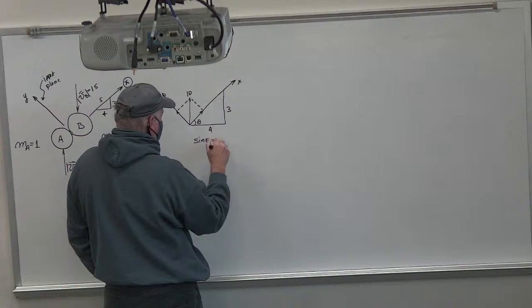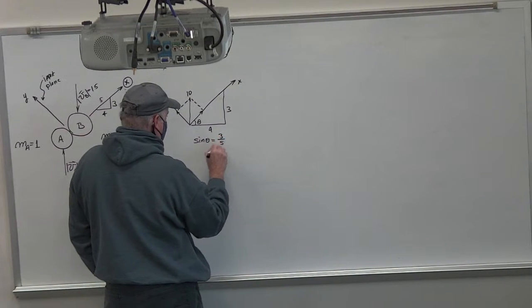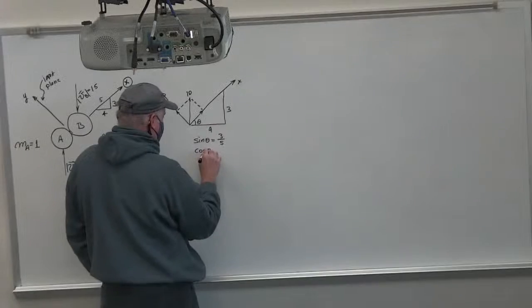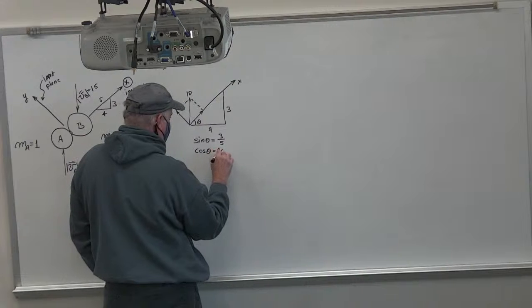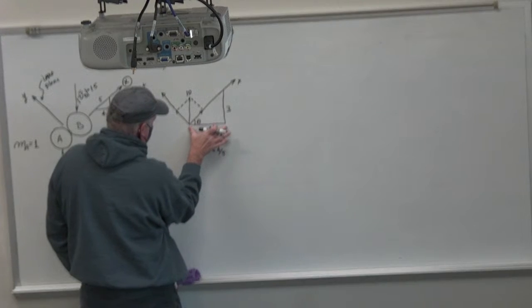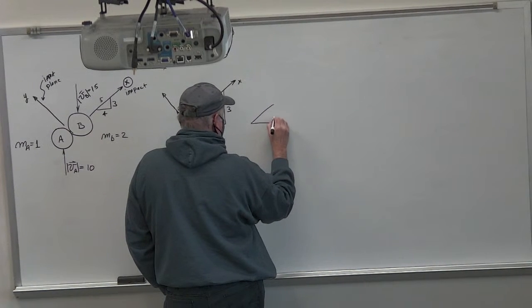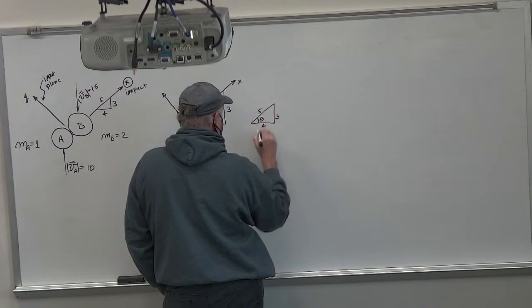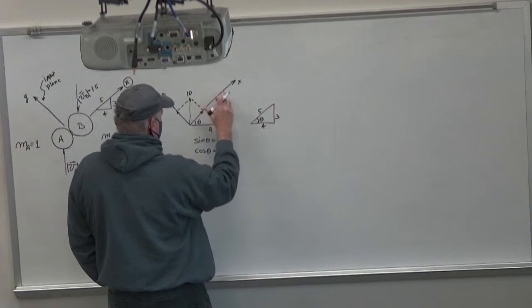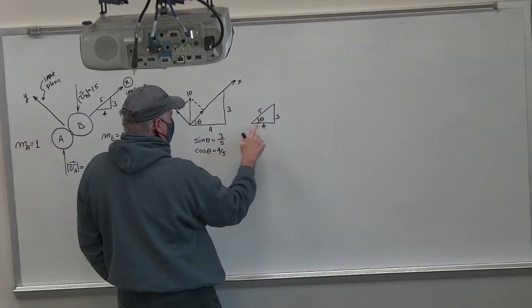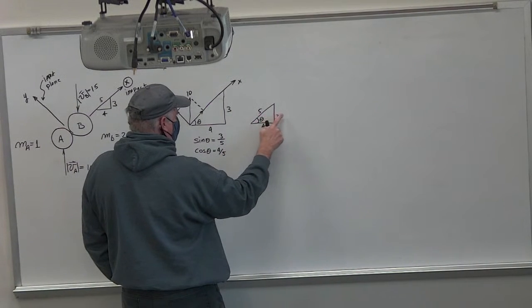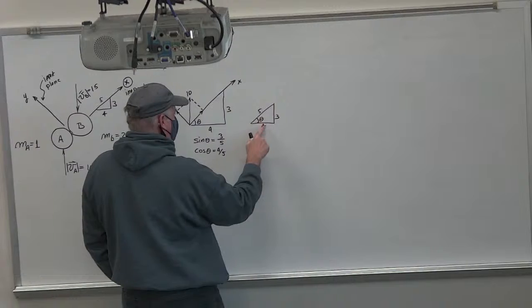So sine theta is 3/5, cosine theta is 4/5. Let me break the triangle away. This is that triangle broken away. If you look at the sine, 3/5. Look at the cosine, 4/5.